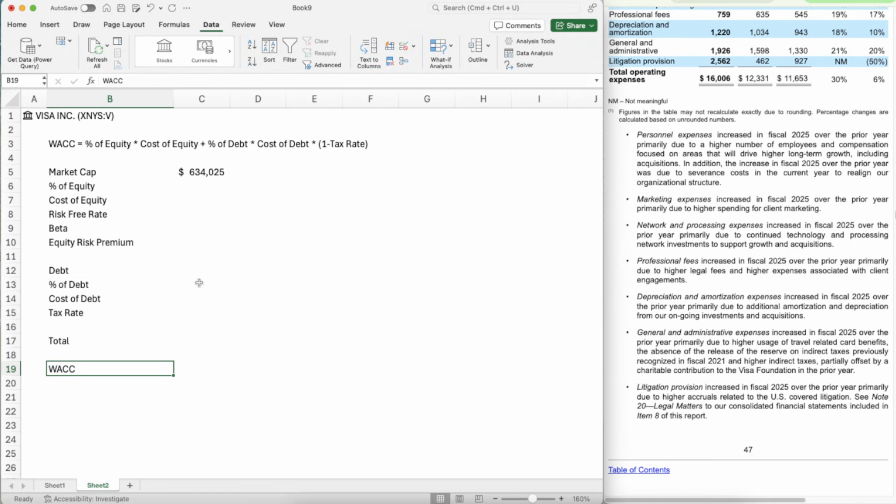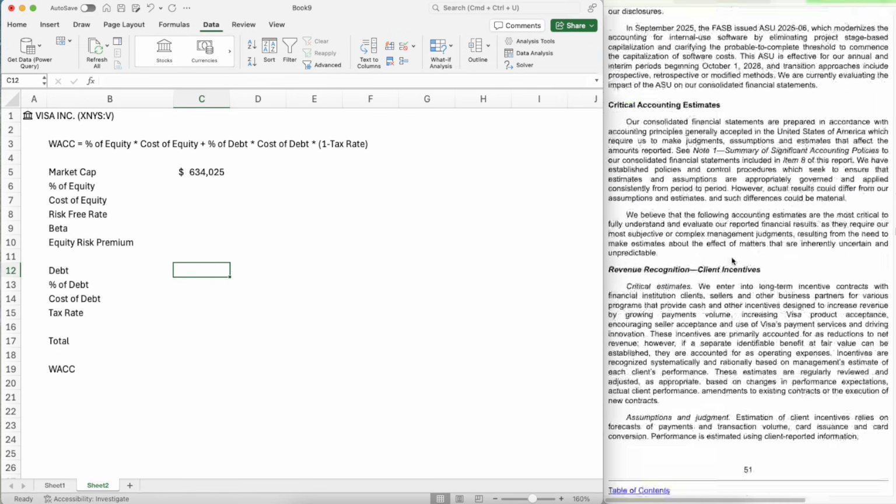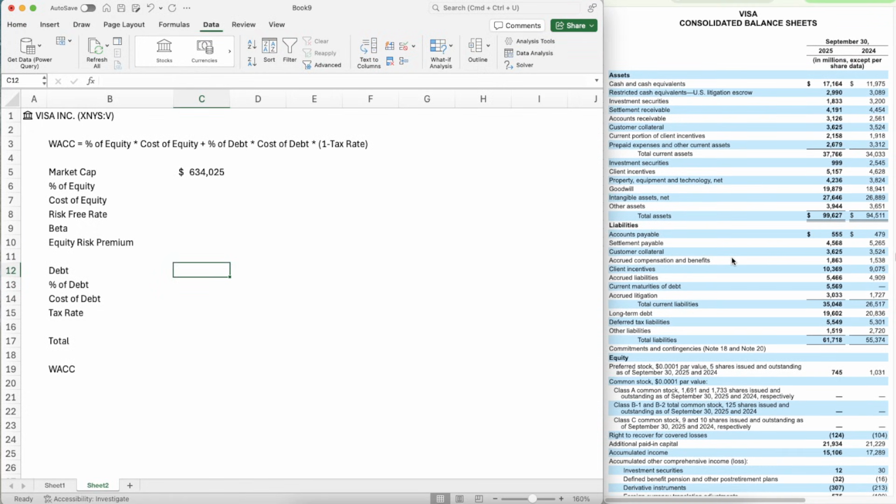So let's go for the debt first. Let's try and be as methodical as possible. To find the debt, we come onto the balance sheet. So this is the balance sheet. We want to find current maturities of debt, this one, and long-term debt.